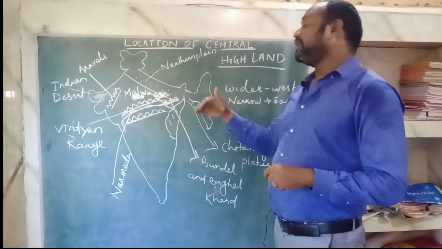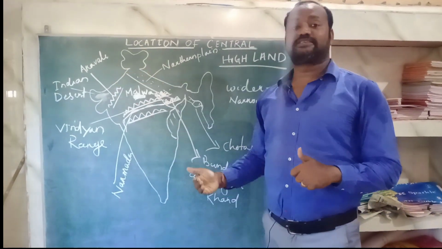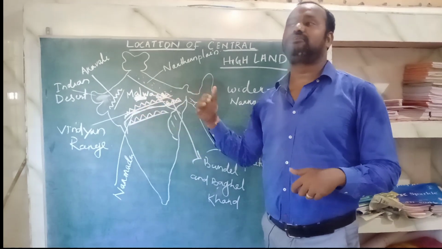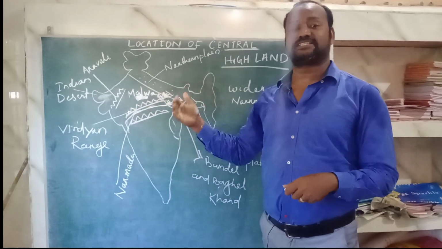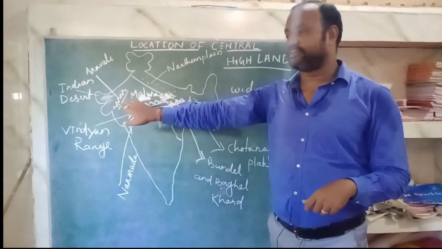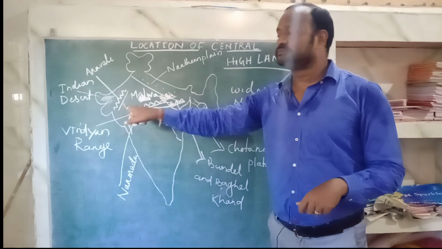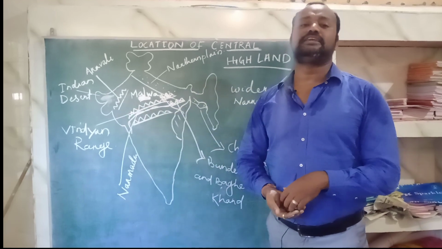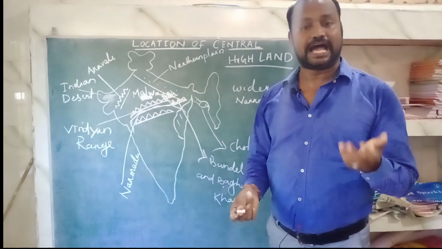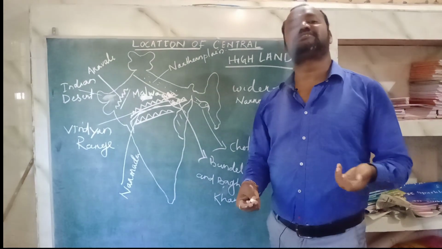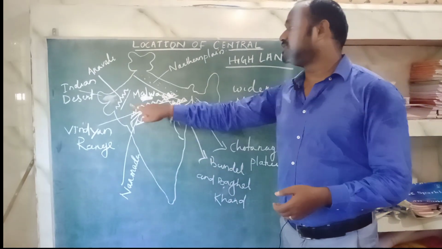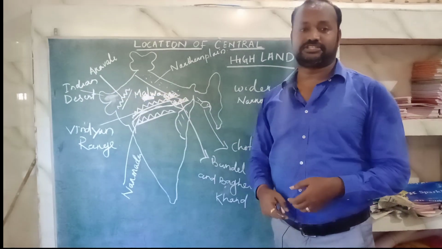Next, in the northwestern direction, the northern western extension of Central Highland, is the Aravalli Hill. Here you can see Aravalli Hill. The further extension of Central Highland beyond the Aravalli is merged in the Indian desert.